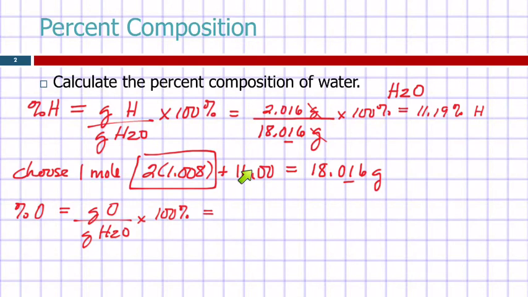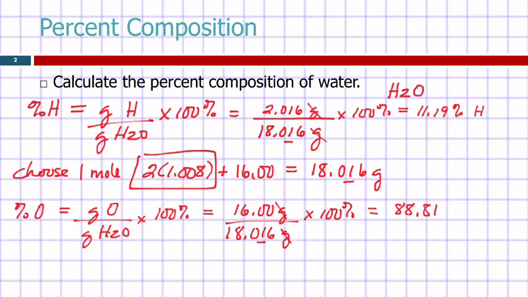There's 16 grams of oxygen in 18.016 grams of water, in that 1 mole of water that I chose because I thought it would be simple. So 16 divided by 18.016 times 100. And I get 88.81% oxygen.